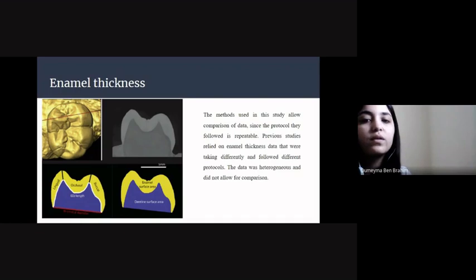The methods used in this study allow comparison of data since the protocol they followed is repeatable. Previous studies relied on enamel thickness data that were taken differently and followed different protocols. So the data was heterogeneous and did not allow for comparison.